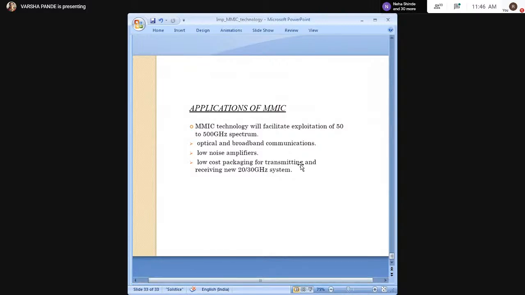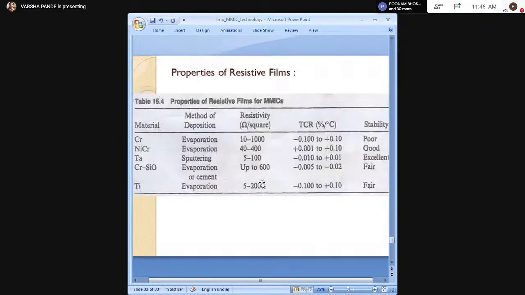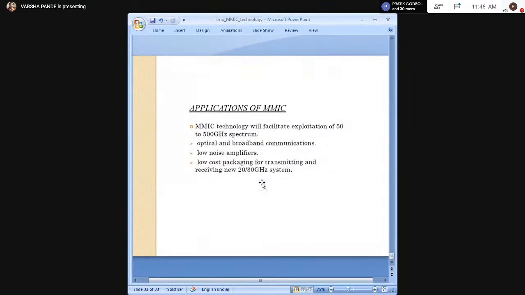All the blocks can be fabricated on a single chip, in case of transmitter and in case of receiver. Such devices are used in our cell phones or mobile phones where we require to transmit and receive, and all these ICs should be very, very small. MMICs are mostly used in cell phones. So these are the applications.